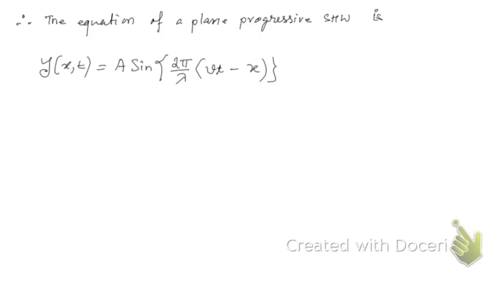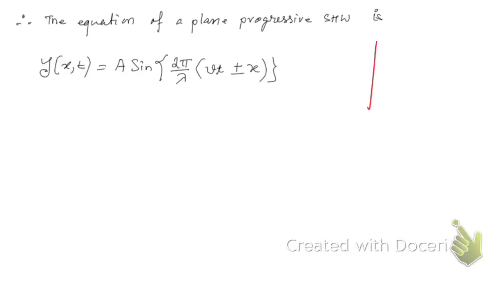So here it should be plus minus x. For the positive x-axis, here we're going to put minus, and for the motion along the negative x-axis we're going to put plus here, okay? So now you see one more thing.